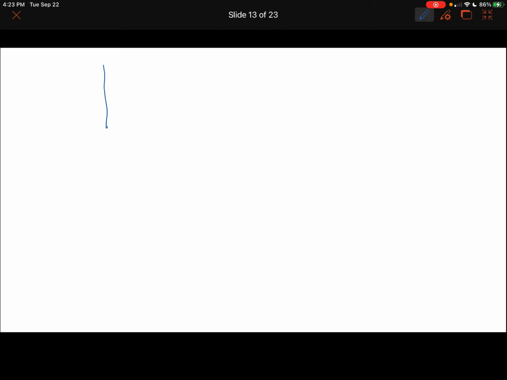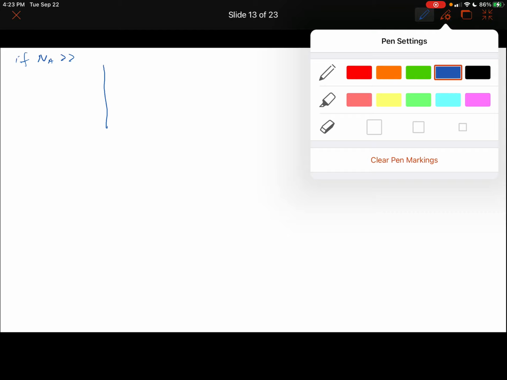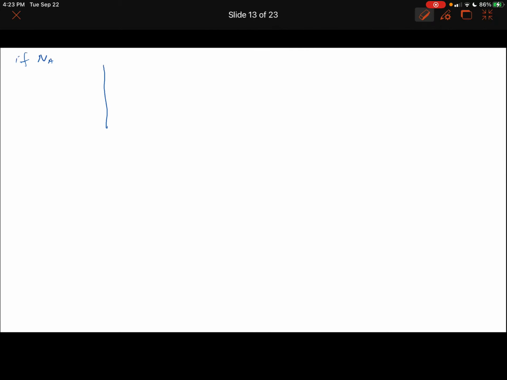So I'll try to draw that. If NA, which is equal to P, is much greater than N, which is equal to ND on this side. This is the N-type.